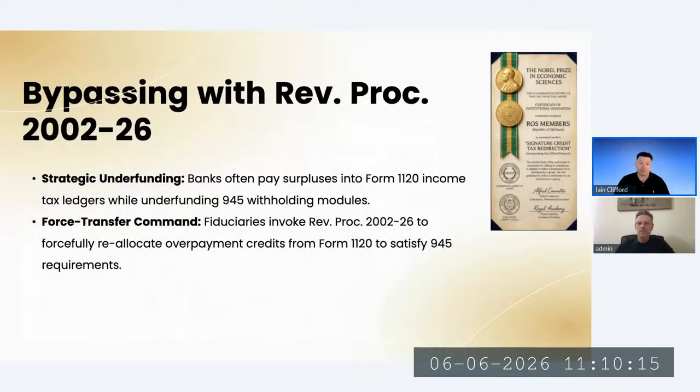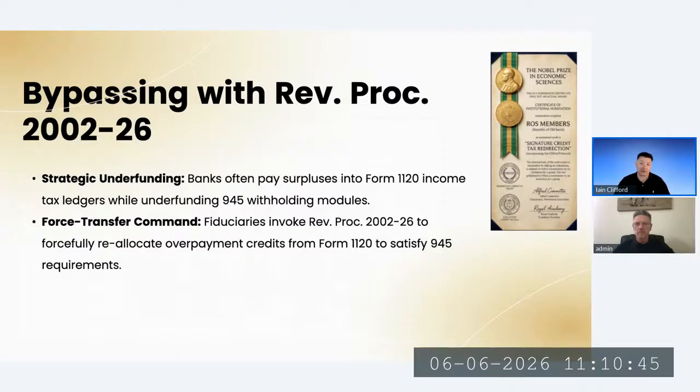And if you are wondering about the Revenue Procedure 2002, basically it is because the foreign grantor trusts have this status of the holder in due course, the trustee that's operating and the officer for the grantor trust can command the IRS to move taxes onto the 945 tax module, because ultimately everything is signature credit.